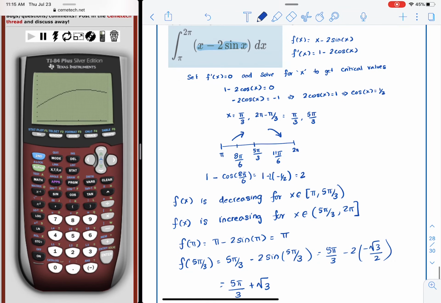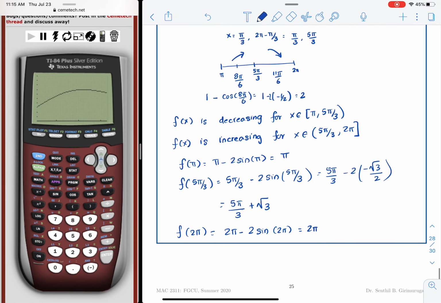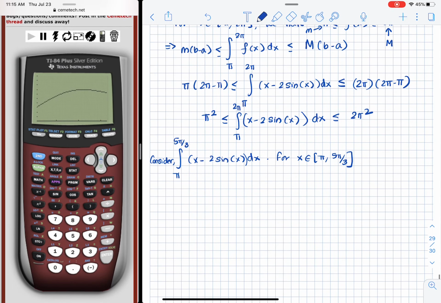I thought the derivative was just 2 cosine x, so we've got to correct that. So increasing, decreasing. So it makes sense now.